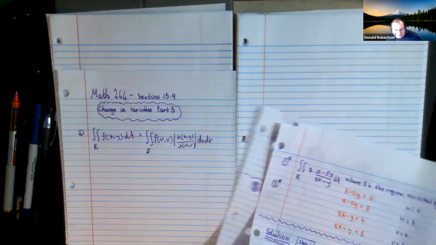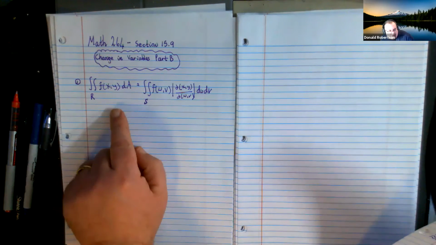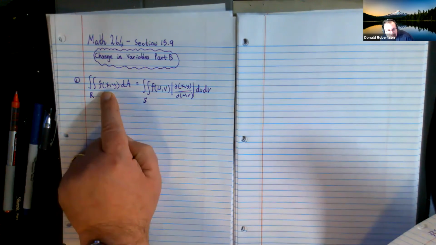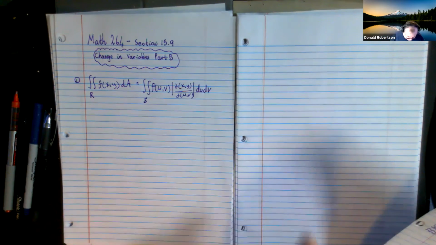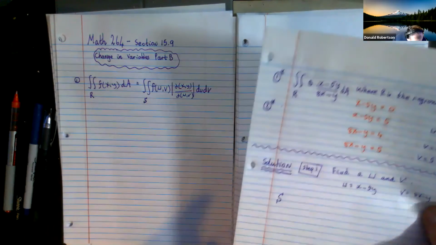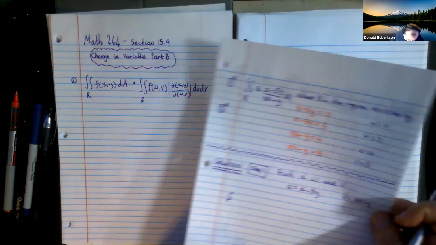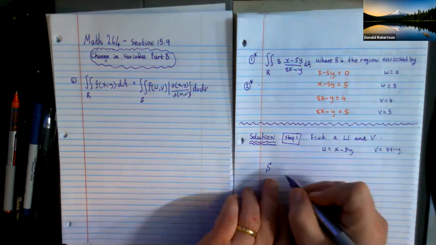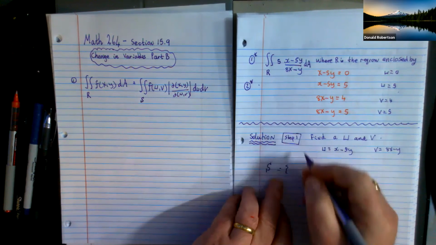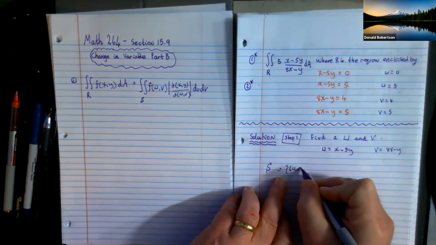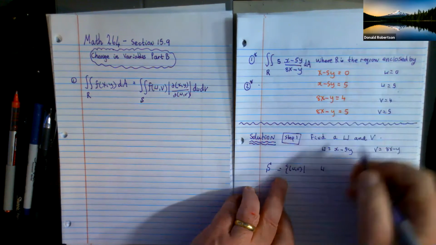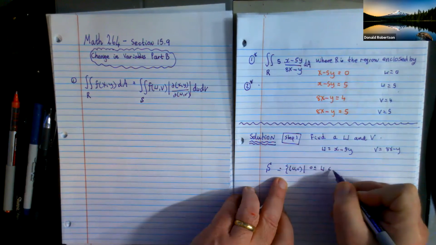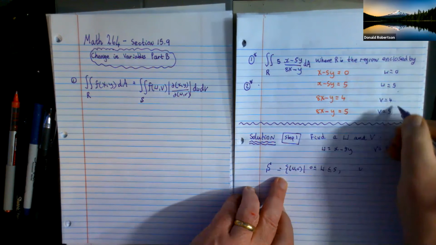There it is. You've got a region R with X's and Y's. You're going to change it to a new region S using U's and V's. That's basically the way this is going to work. So S then, the region R in UV space, is simply just going to be U between 0 and 5, and V is going to be between 4 and 5.